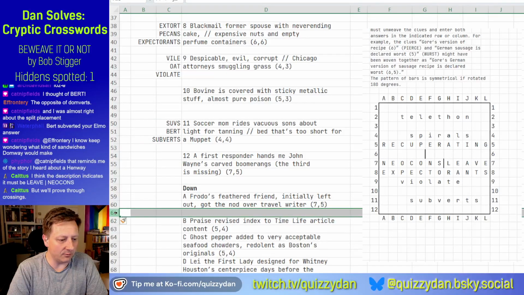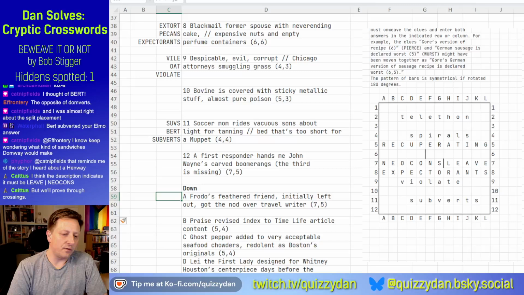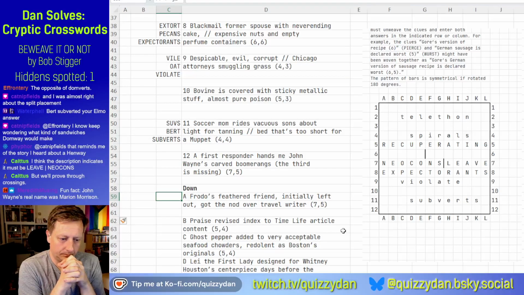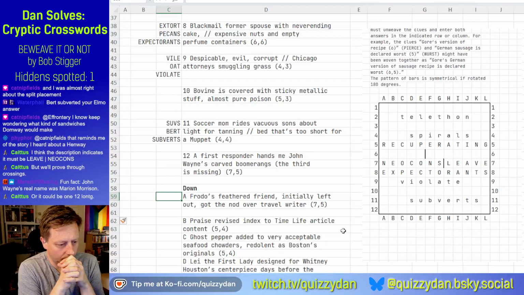Time for the downs. Frodo's feathered friend, initially left out, got the nod over travel writer. So that N may or may not be there. And of course it could be 5 here or 5 here. But that E is definitely there. Going to come back to that.